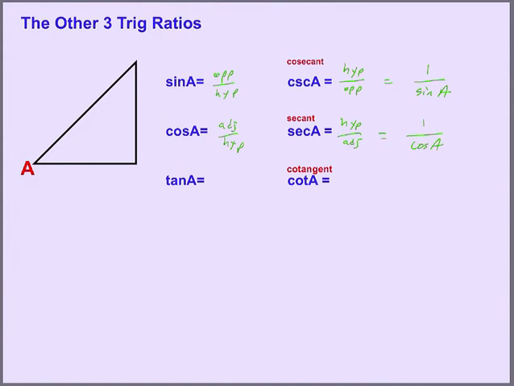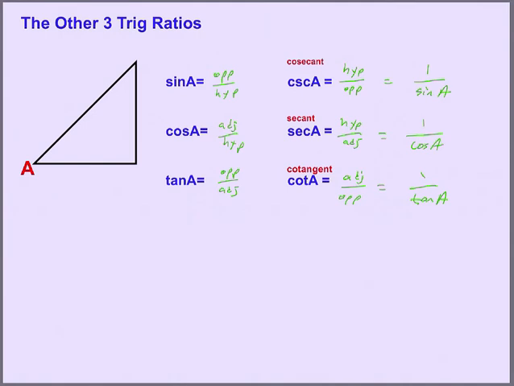And then the tangent, we know, is the opposite leg over the adjacent leg, and its partner, its reciprocal, is called cotangent, which is just the reciprocal of that fraction, the adjacent over the opposite, or we can write that as 1 over the tangent of A. And I know it's a little bit weird that the regular sine goes with the cosecant, and the cosine goes with the regular secant. I know that's a little bit backwards, but that's the way it works.